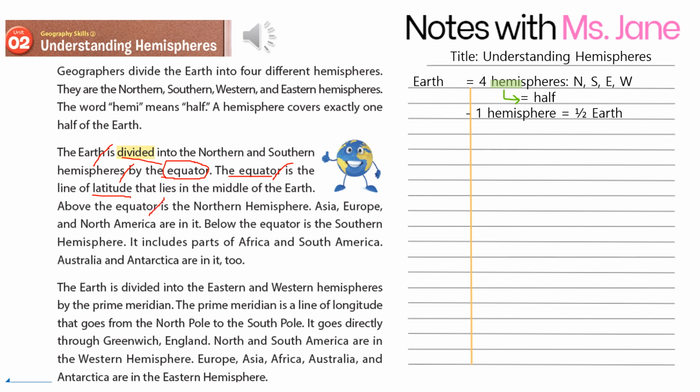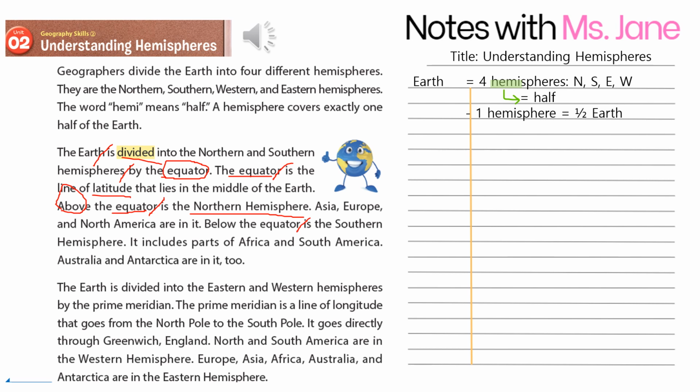Above the equator is the northern hemisphere. Asia, Europe, and North America are in it. 그럼 이 적도의 윗부분은 저희가 북반구라고 부르는데 아시아, 유럽, 북아메리카가 포함되어 있대요. Below the equator is the southern hemisphere.